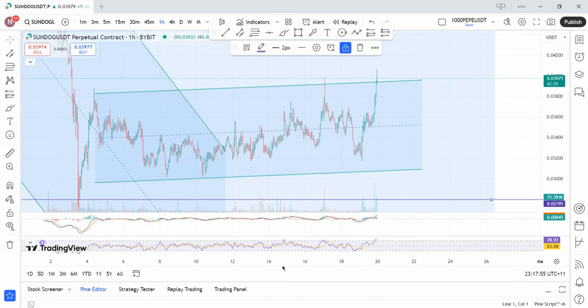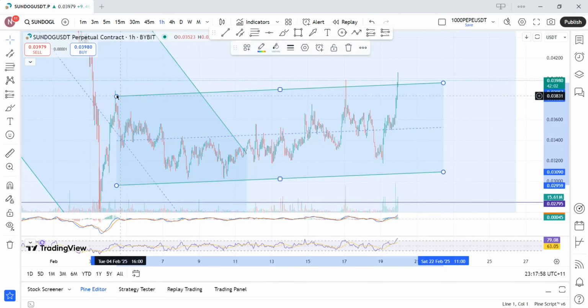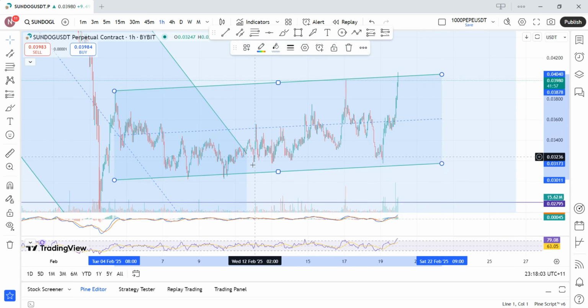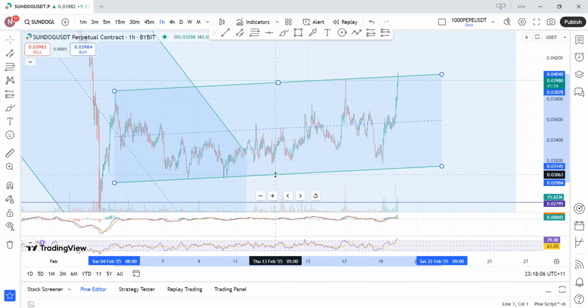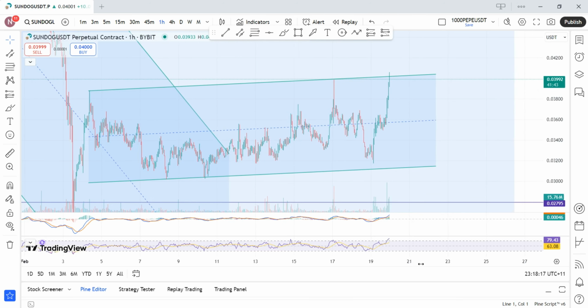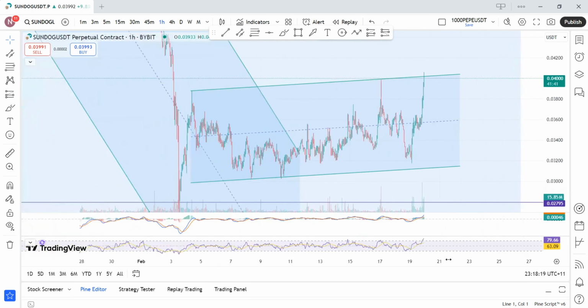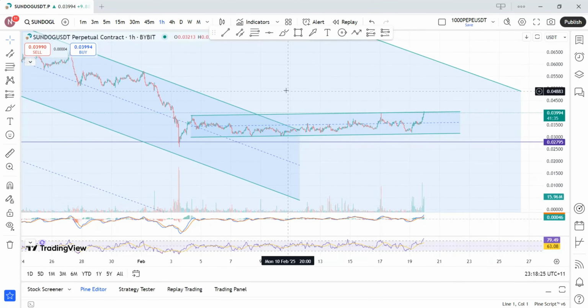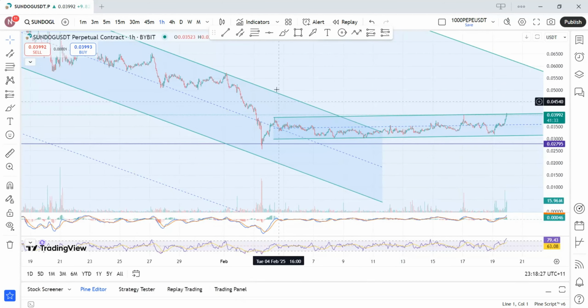Let's see, I could draw that a bit better. Okay, the price is slightly breaking out of the channel, but sometimes it does that and comes back in. So I'm going to wait a little on the confirmation signal. But what I would check here is the recent trend.